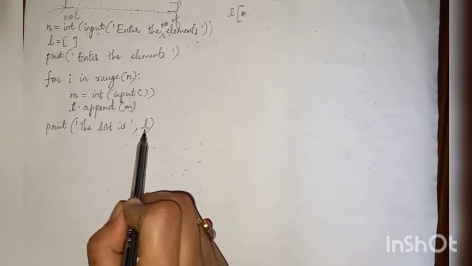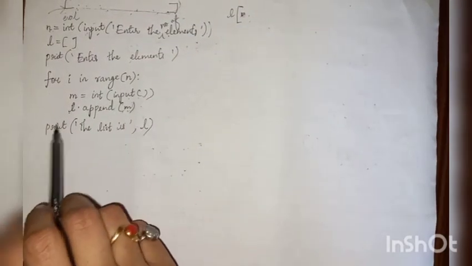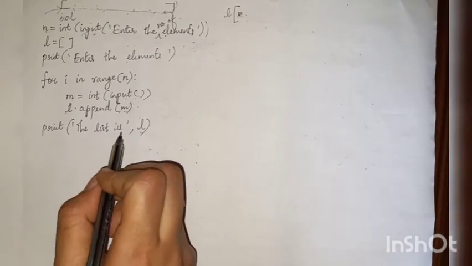What is the value of L? L is a list containing certain elements. So print L will print the list.